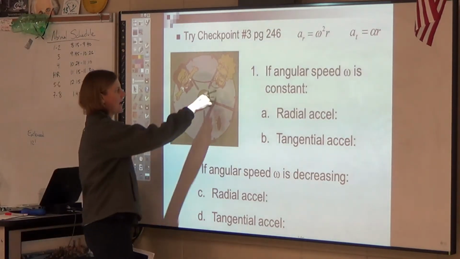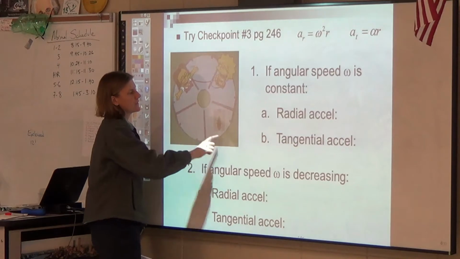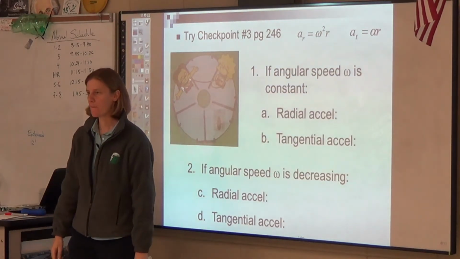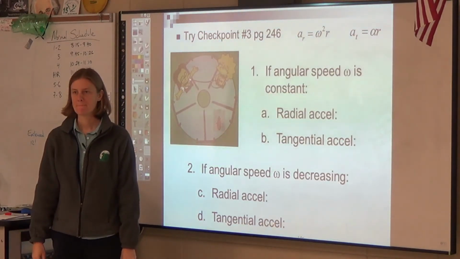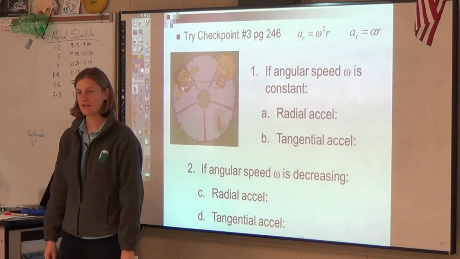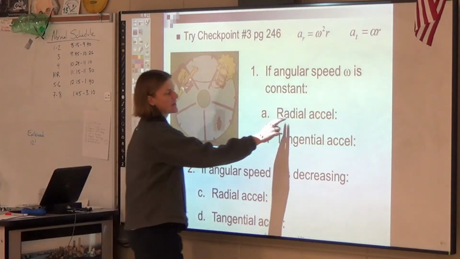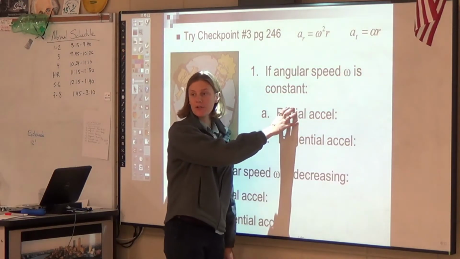This is moving at a constant rate. Is there radial acceleration? Yes or no? Is it moving in a circle at all? Yes. Remember that this is the same thing as centripetal acceleration.